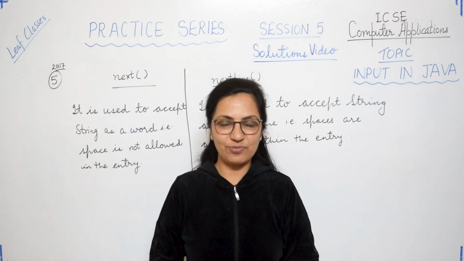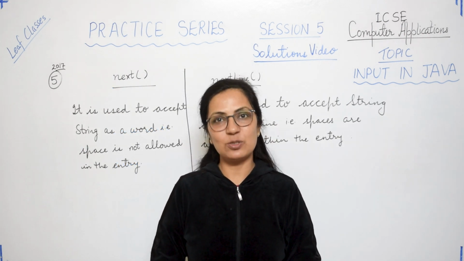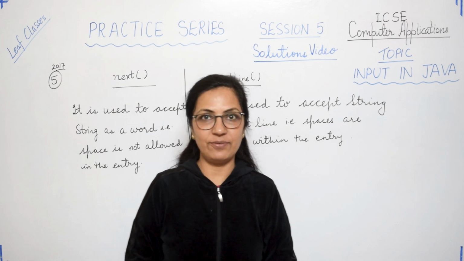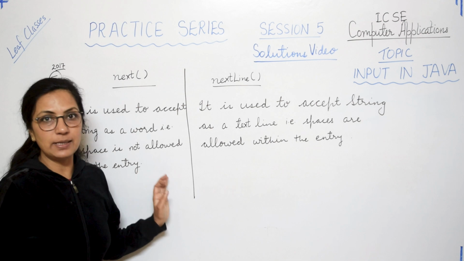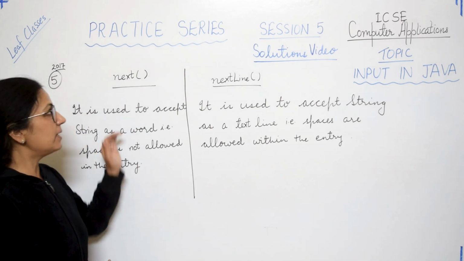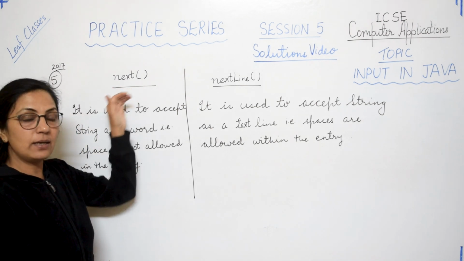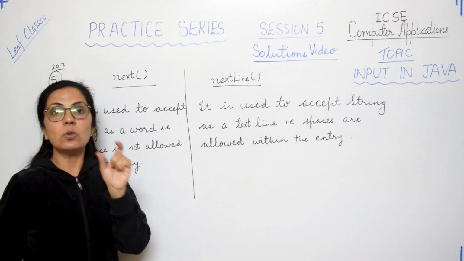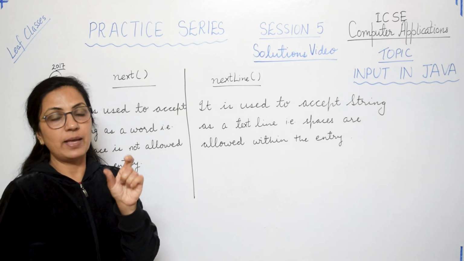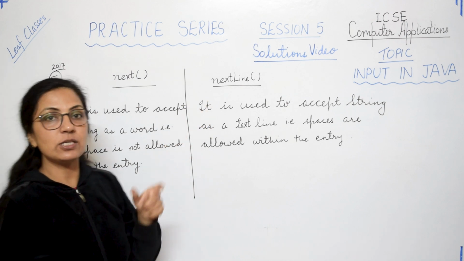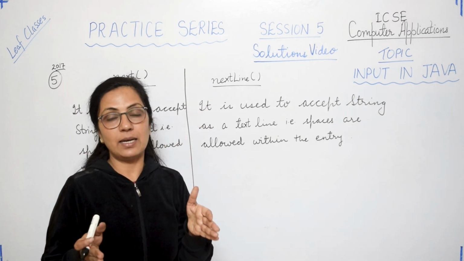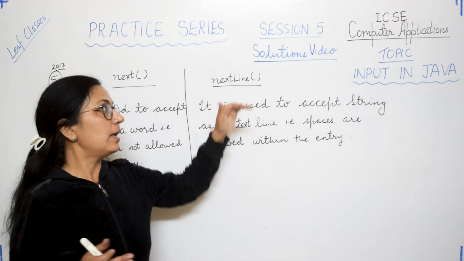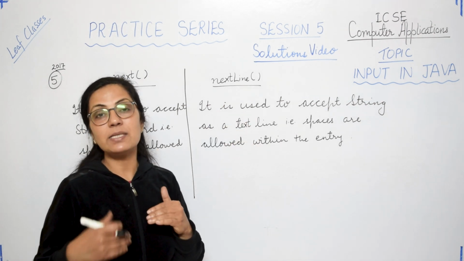Question number 5 is from year 2017, which is to differentiate between next and nextLine function. Children, we know that both these functions are used to input a string. Then what is the difference? When we are using the next function, it allows only a word to be entered, whereas the nextLine function enters the entire text as a line, right? So that means in nextLine we can give spaces in between.